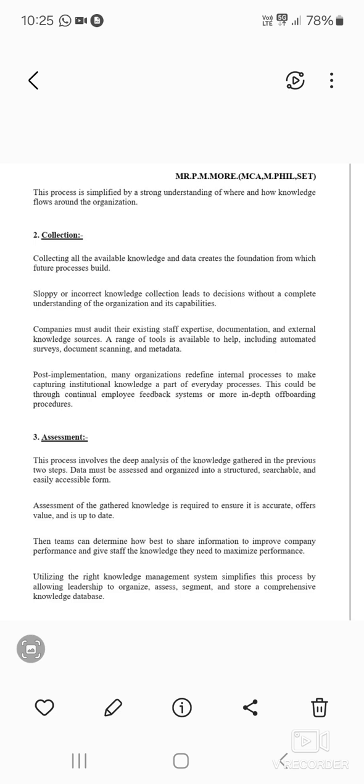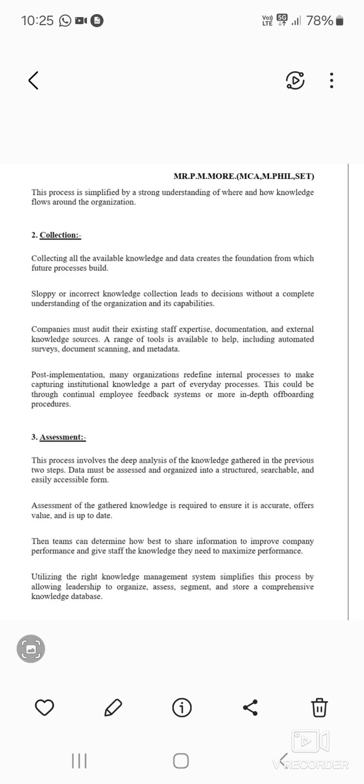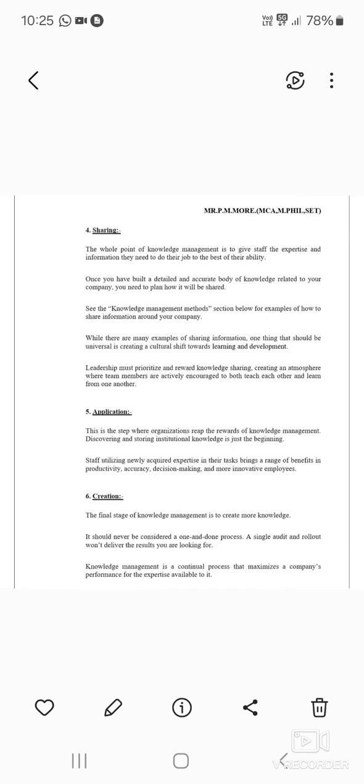The teams can determine how best to share information to improve company performance and give staff the knowledge they need to maximize their performance. Utilizing the right knowledge management system simplifies this process by allowing leadership to organize, assess, segment, and store a comprehensive knowledge database.